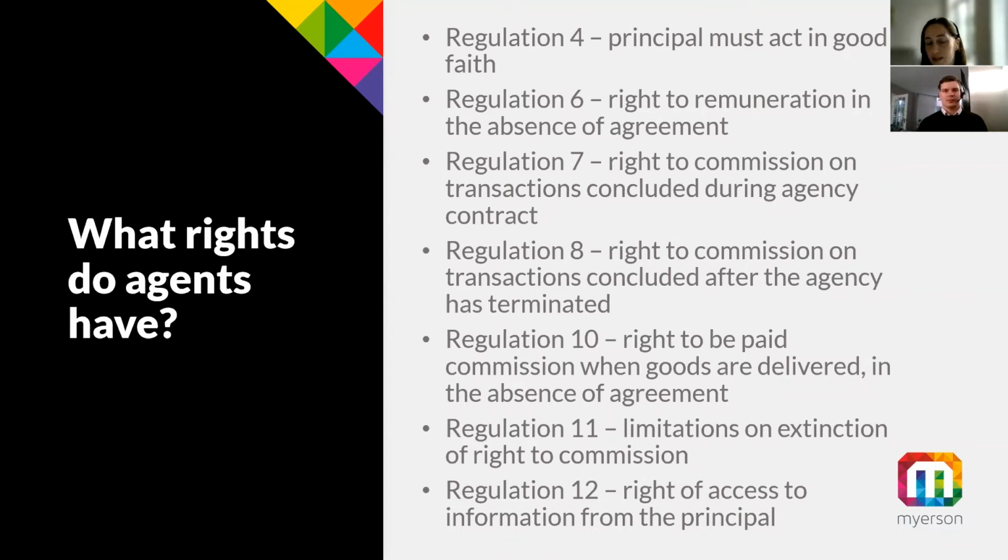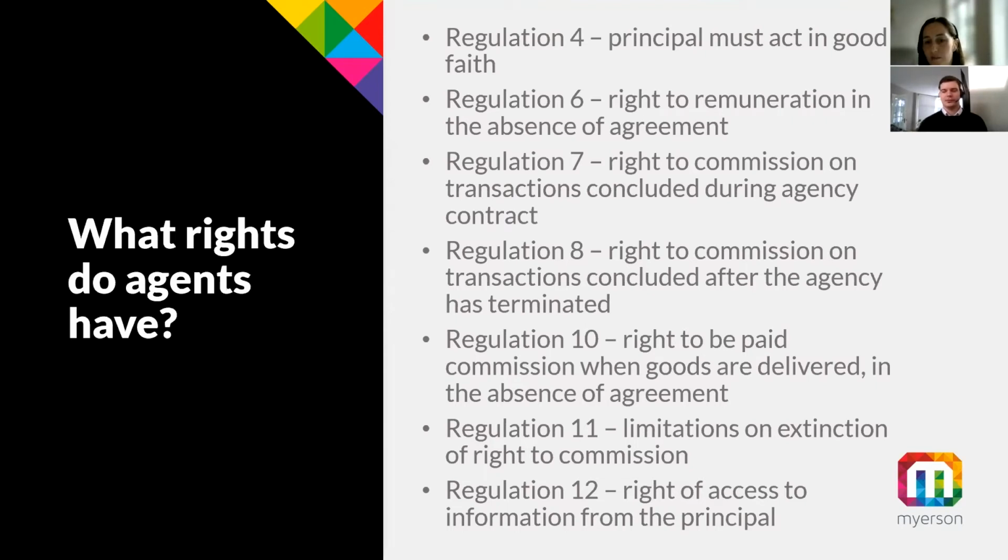And then the agent has an entitlement to commission on sales after the agency is terminated. This is under Regulation 8. This is an entitlement to sales for a reasonable period following termination, but only where the sales can be said to be mainly attributable to the agent's efforts whilst he was an agent. And these are commonly referred to as pipeline commissions.